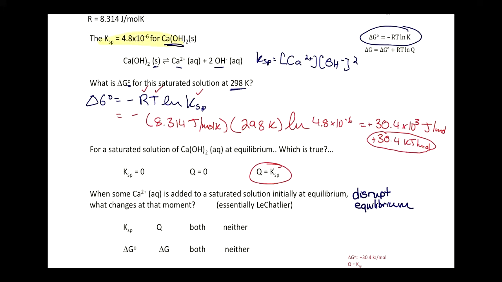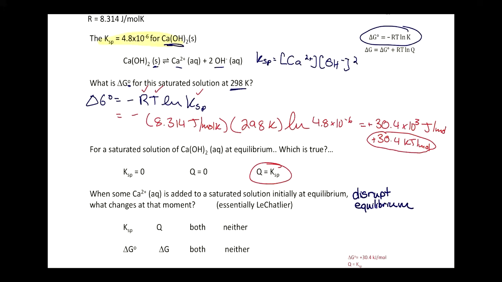It means that the concentrations of calcium 2+ and hydroxide are such that when you multiply them together, you get the same value of KSP out. That is what a saturated solution is. We're at equilibrium already, that we've achieved those KSP conditions, right? If we're at equilibrium, Q is equal to KSP.